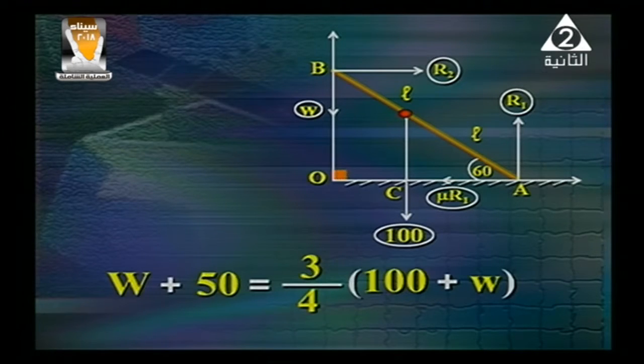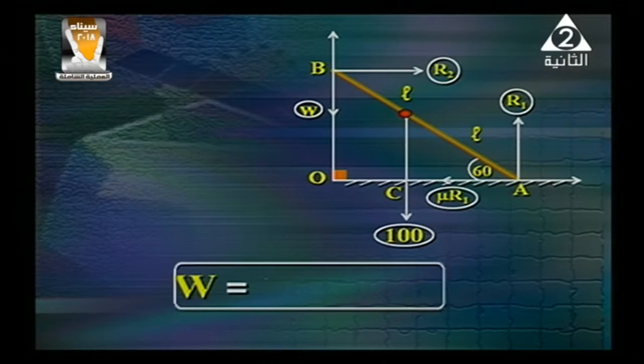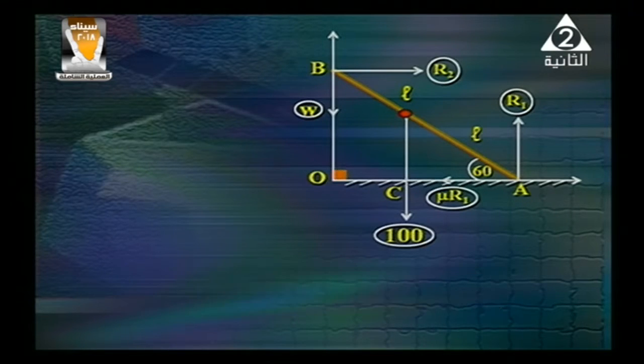Then by substitution for R1, the left hand side W plus 50 equals 3 over 4 times the bracket 100 plus W. Then the value of W: 4W minus 3W equals 1W equals 100 gram weight.